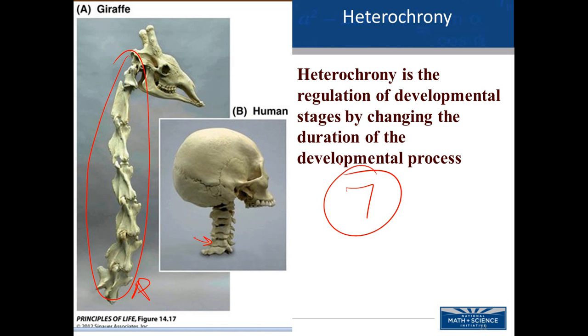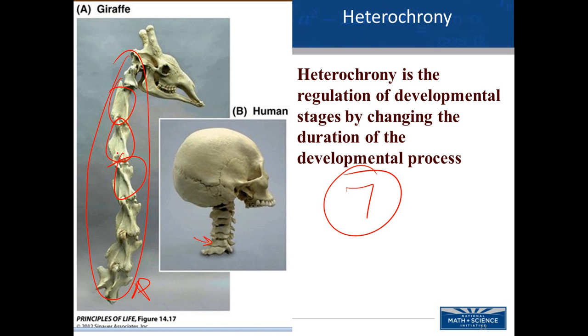So once the chondrocytes have completed the structure of the bone, there's a signal that results in the death of the chondrocytes, followed by the calcification of the bone by accumulation of calcium salts. In the giraffe, the death of these chondrocytes is delayed, and because it's delayed, what happens is that now these vertebrae are elongated compared to a human.